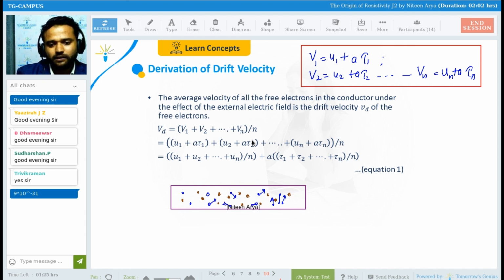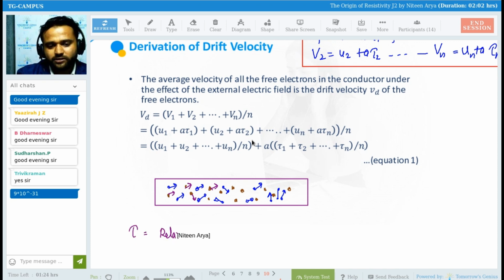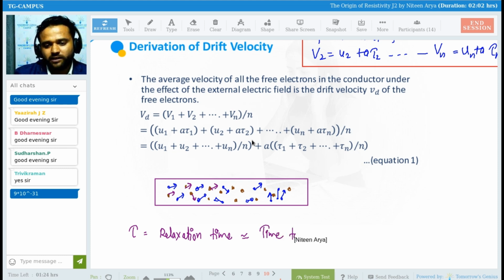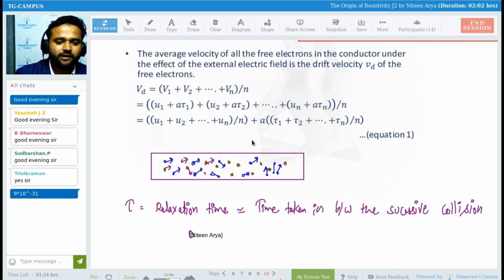So this u1 is the velocity of the randomly moving electrons, and this tau is the relaxation time, the time between collisions. We will explain it on the next page, but still, tau is the relaxation time, or we can define it as the time taken between successive collisions of electrons and ions. Ions here are positively charged particles.